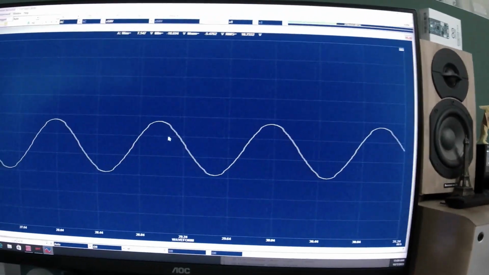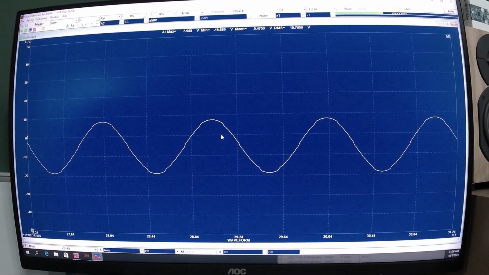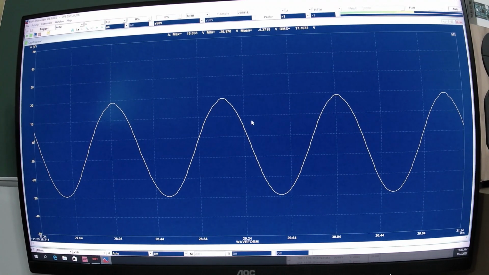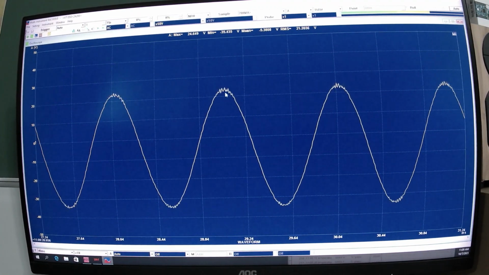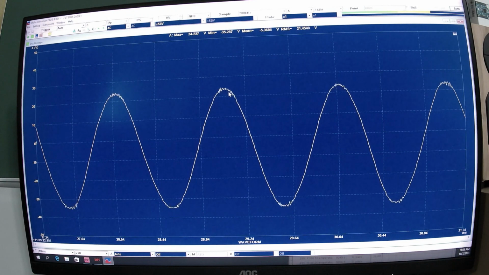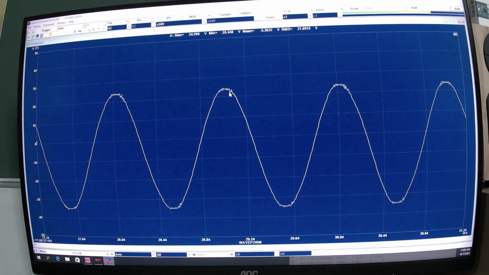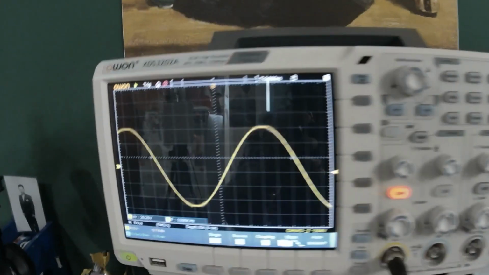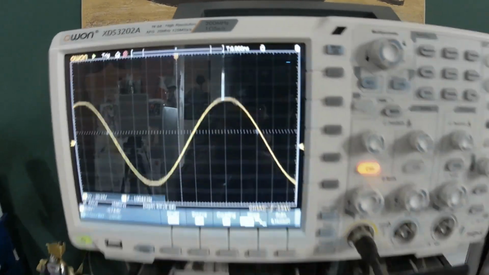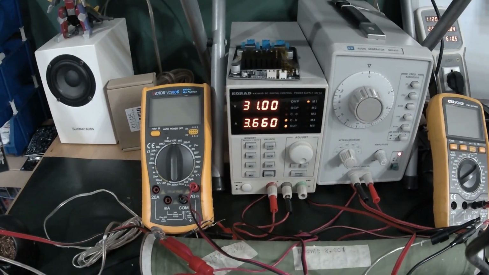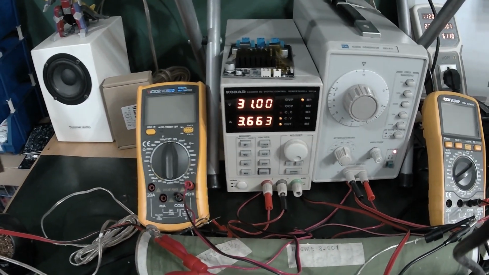But we can see from here and confirm that the artifacts are only happening at the tops and bottoms. This is the real one, artifacts in here. And when that happened, we also got the artifacts from the oscilloscope, which is the real stuff, at about 100 watt input power.